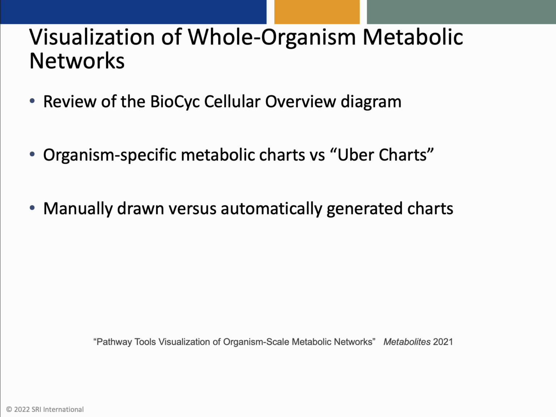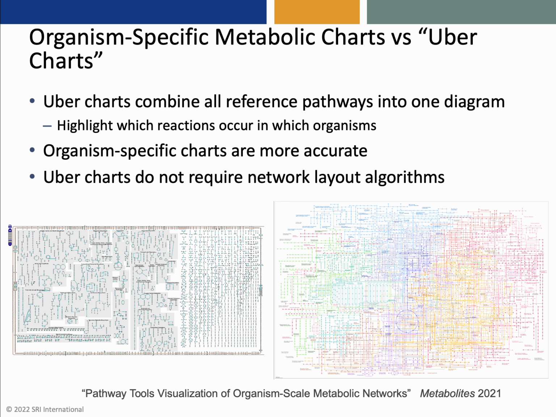The difference being, for BioCyc on the left, our metabolic network diagrams reflect one organism. So each diagram contains only those reactions and pathways that are present in a single organism. Whereas in KEGG, they're combining reactions and pathways for many different organisms onto the same diagram.